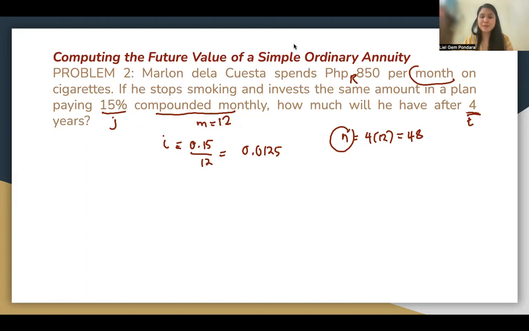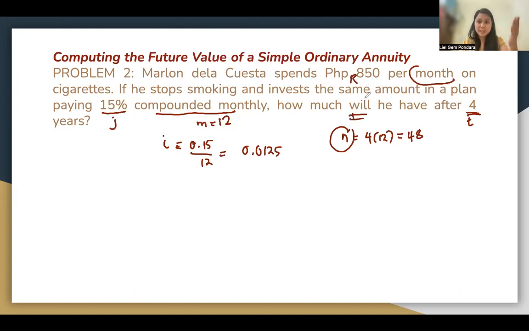Okay, ma'am. Okay. So now what are we asking in the problem? How much will he have? Right? What's the tense? It's an English class. Future tense, present tense. It's a future tense, right? Will.